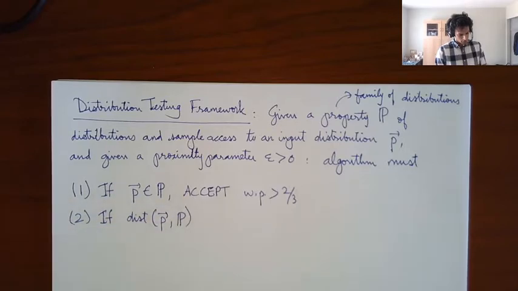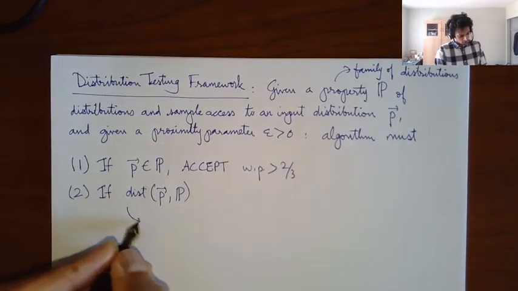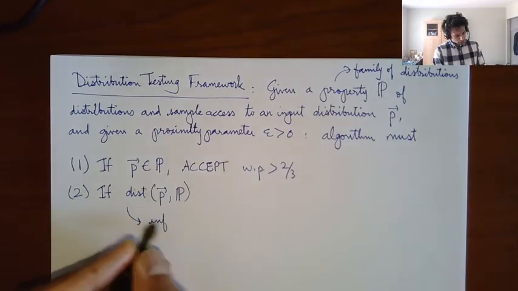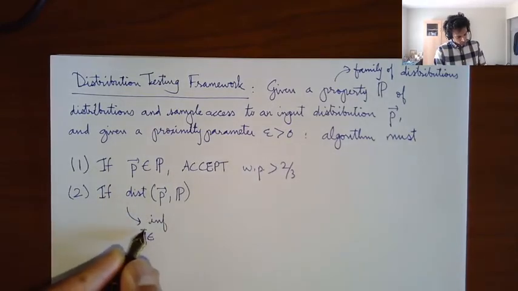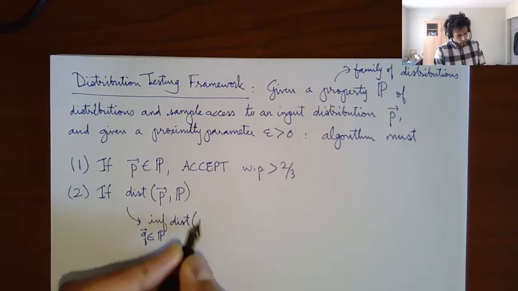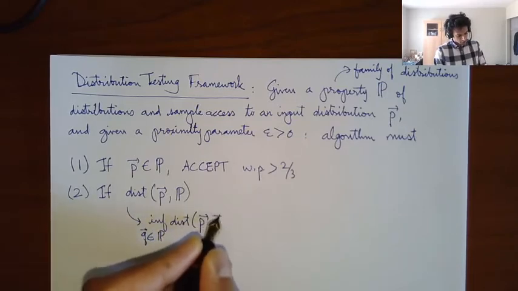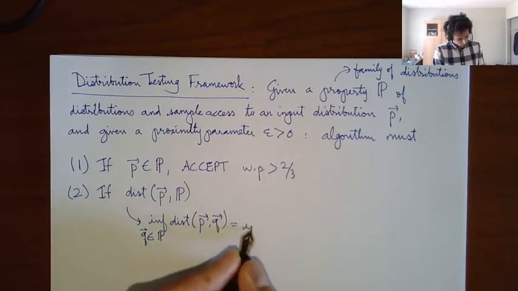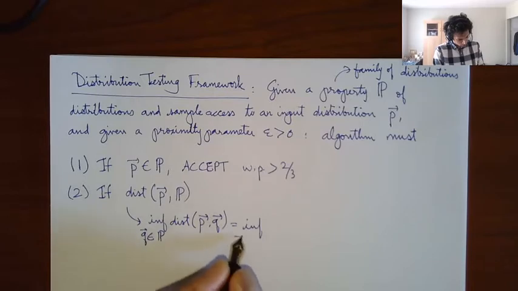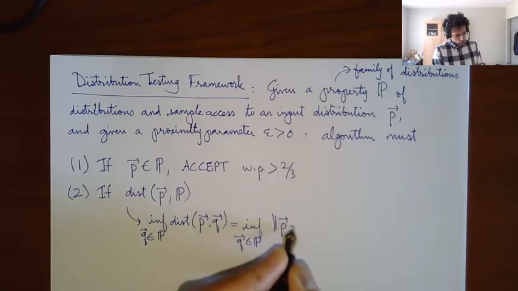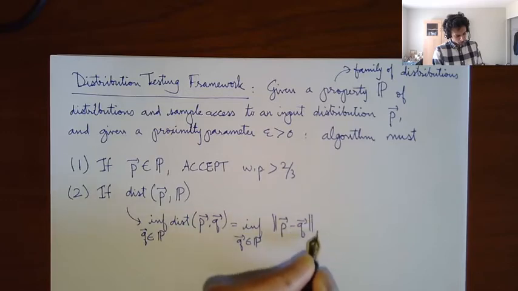Okay, what does this mean? This means I'm looking at the infimum over all distributions Q that have the property of whatever notion of distance I have between P and Q. And often what we do is specifically we will often just use total variation or L1 distance.